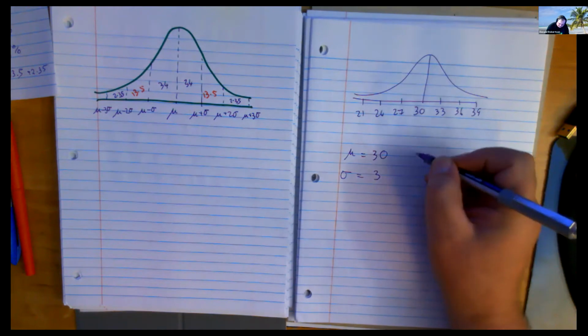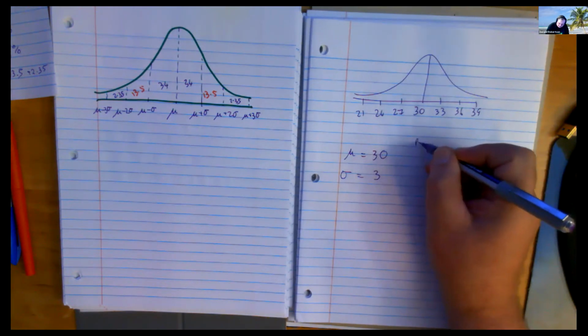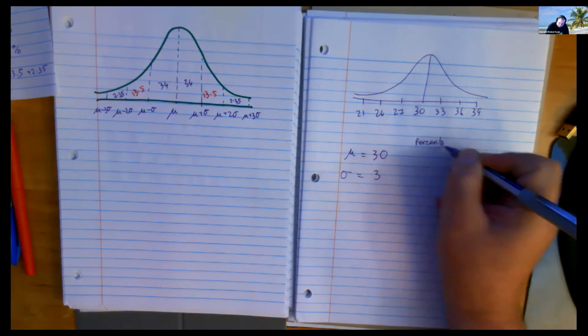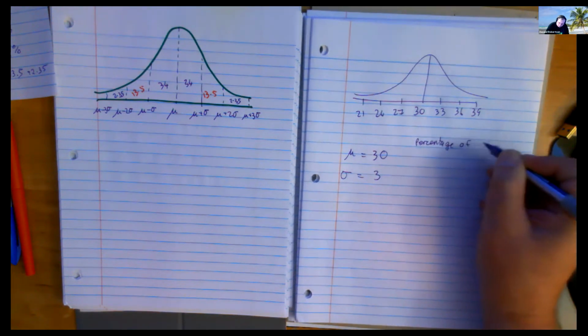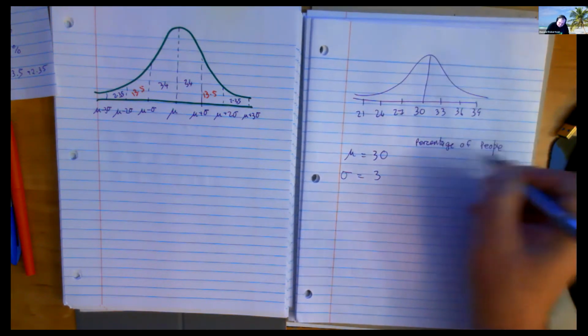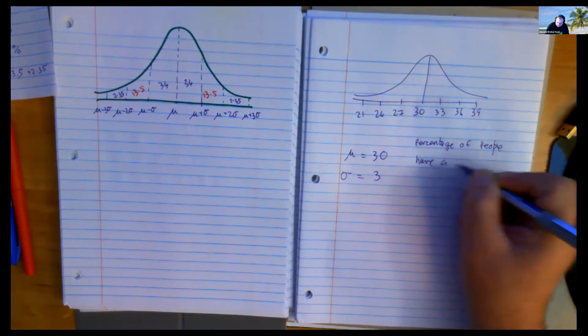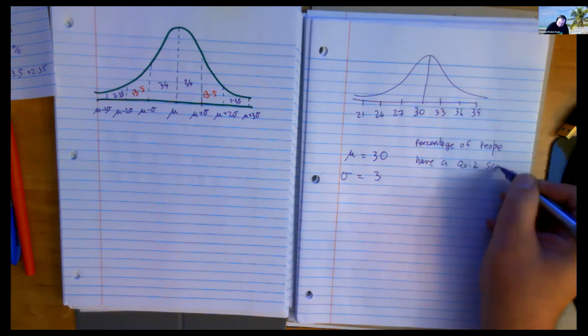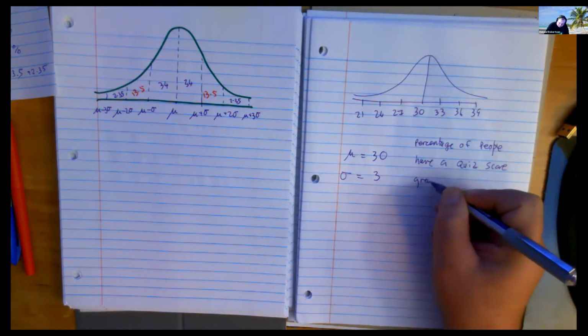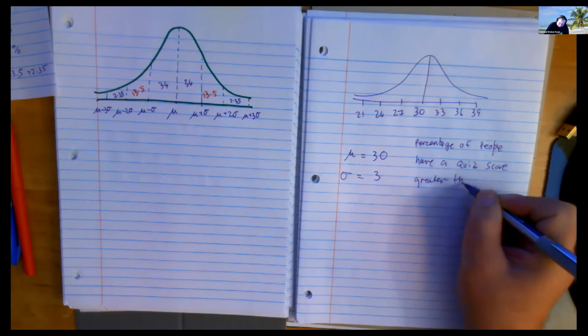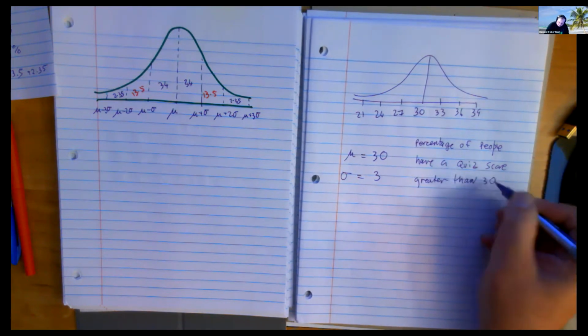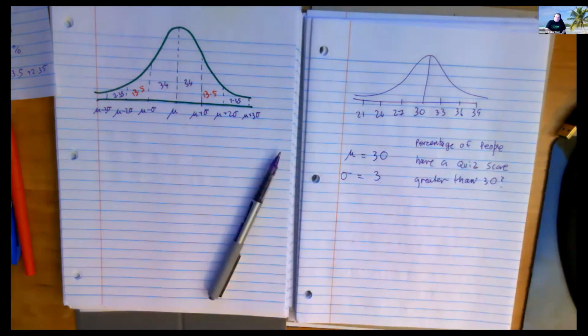Here's the trick. What percentage of people have, imagine it's a quiz score, greater than 30?